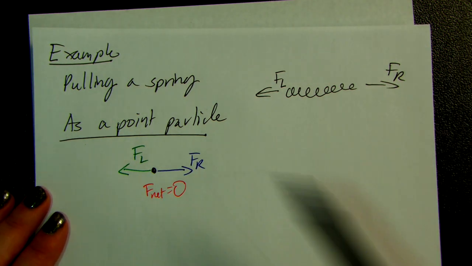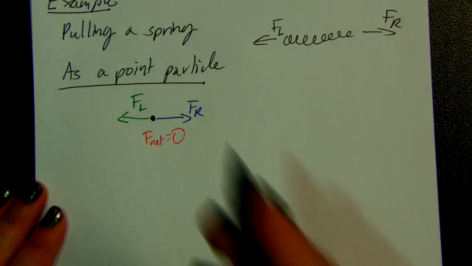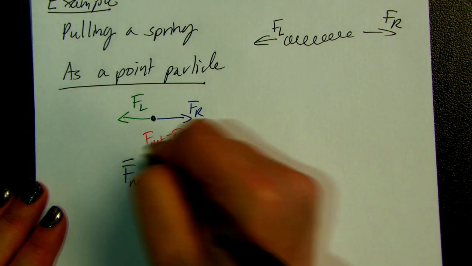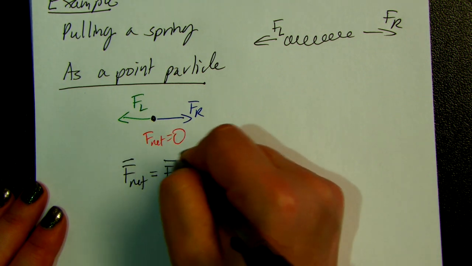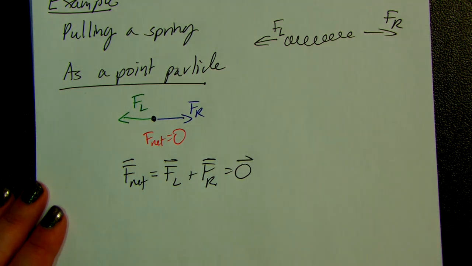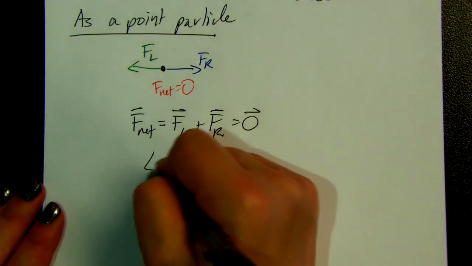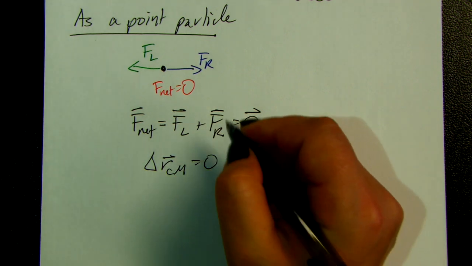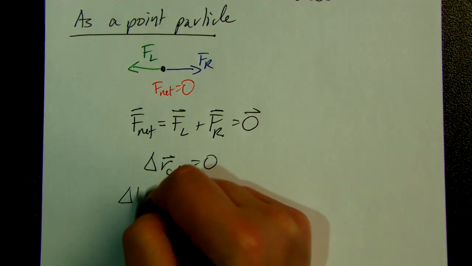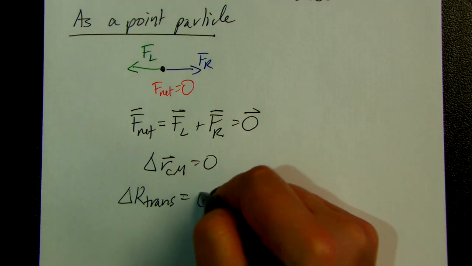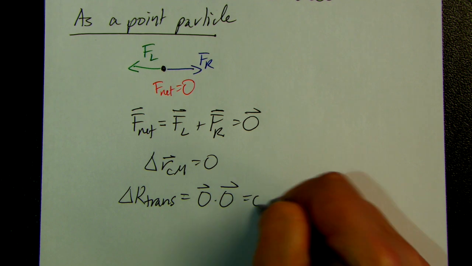They're equal forces in opposite directions. And therefore, the change of position of the center of mass is equal to 0, and therefore the change in translational kinetic energy is equal to 0.